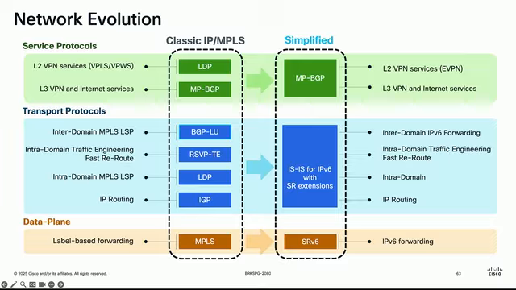So at the top layer of the classic IP MPLS protocol stack, you see both multi-protocol BGP and LDP. BGP for internet and layer 3 VPN services, and LDP for layer 2 VPN services, the targeted LDP sessions that are used by VPLS or VPWS.